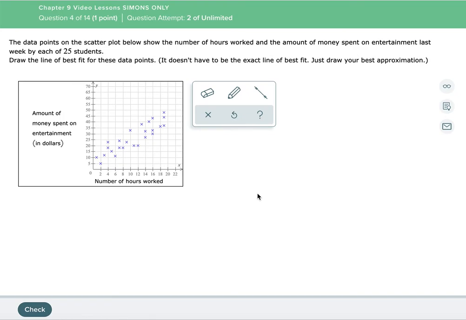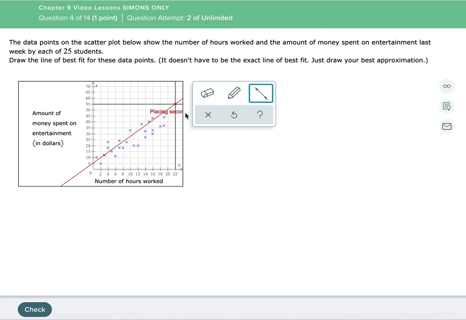So I think the best way to look at these is you definitely want to hit the ends of this and put them kind of in the middle of the cluster, and it's sort of a feel thing when you do it, but once you do it a couple of times, it'll make sense. So I'm going to put this about right, in the middle, maybe right there, right? And then I'm going to take this and put it in the middle over here.